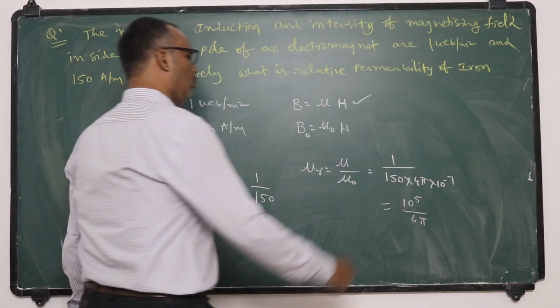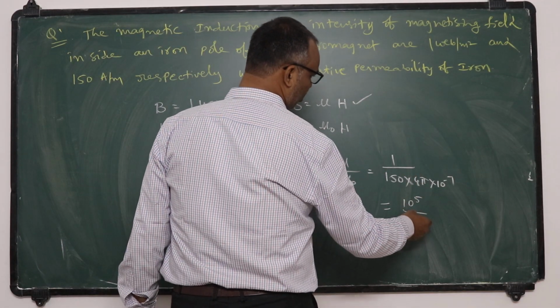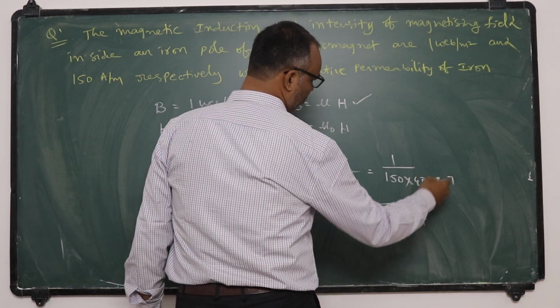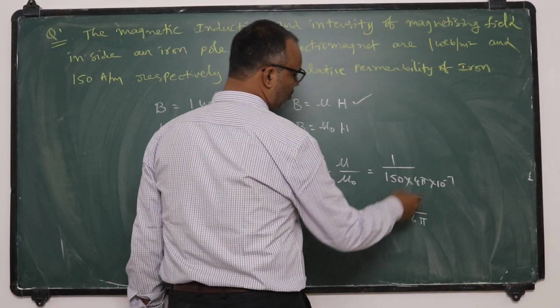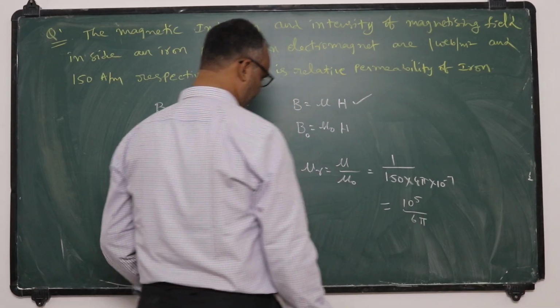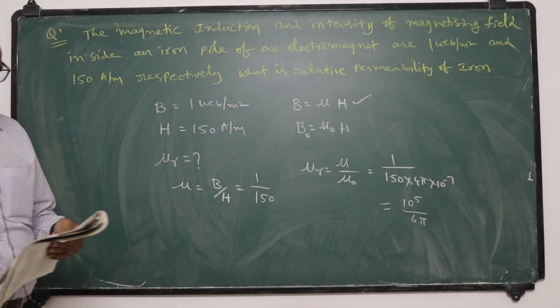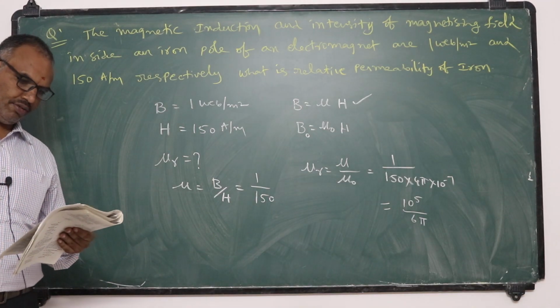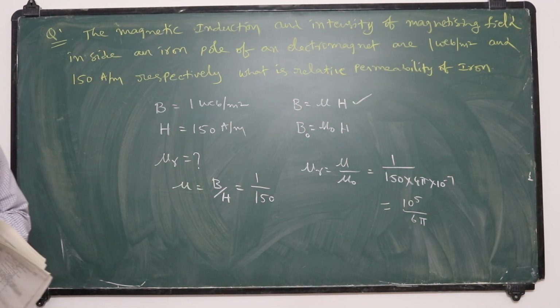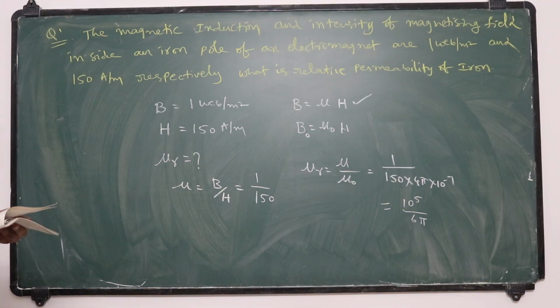Because 4 150s are 600, 2 zeros will go, so it is 10 power minus 5, and once it goes to the numerator, it is like this. So this is the solution for the question. Very, very simple. Let us move to discuss one more question.